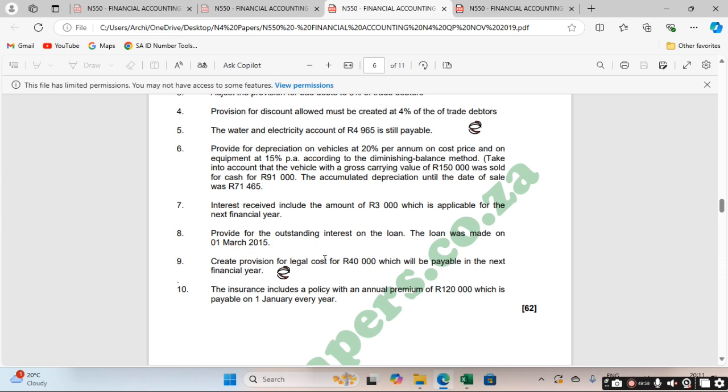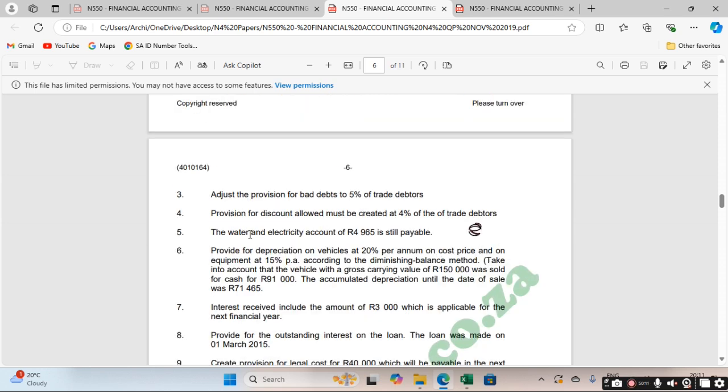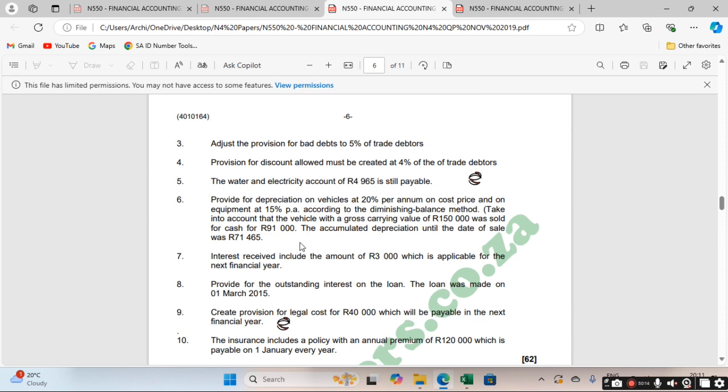Provision for legal. I think I'll just do the insurance. I'll do some of these transactions here, but I will not be doing the adjustments that I'll be doing on the other question paper. I'll just do what was not included on that previous question paper.